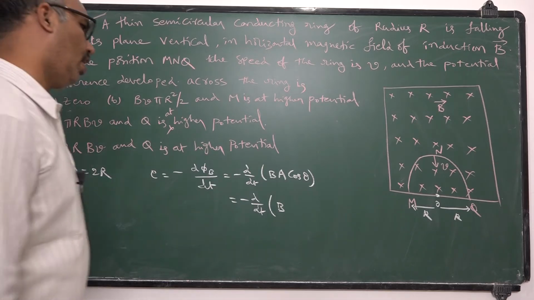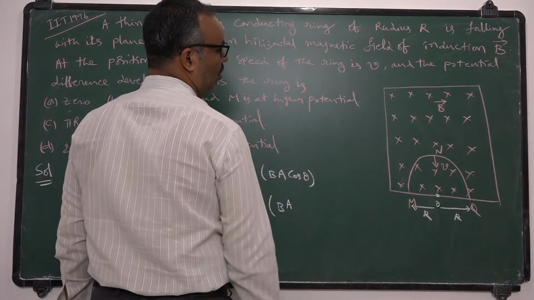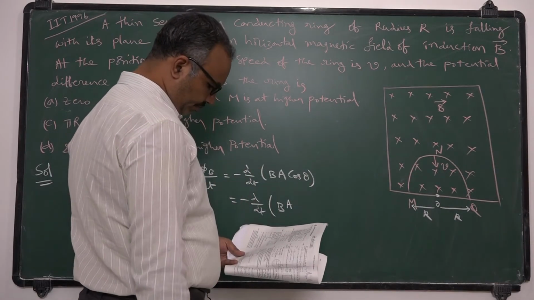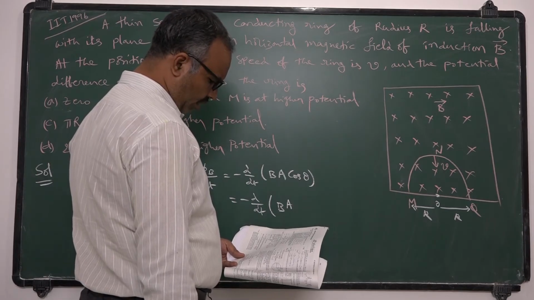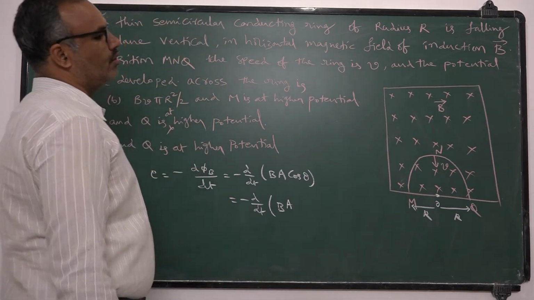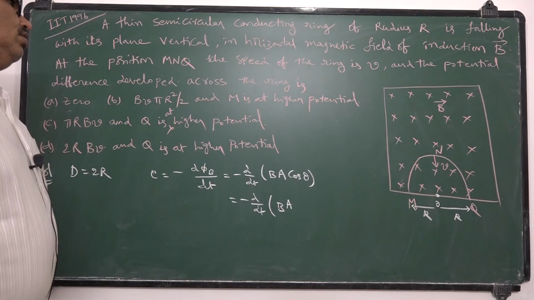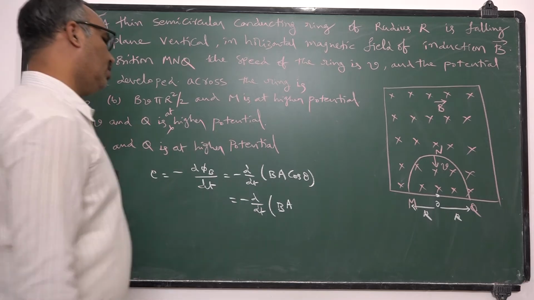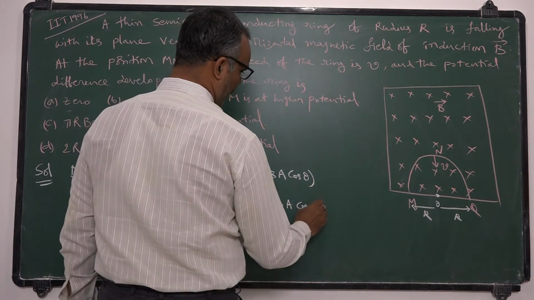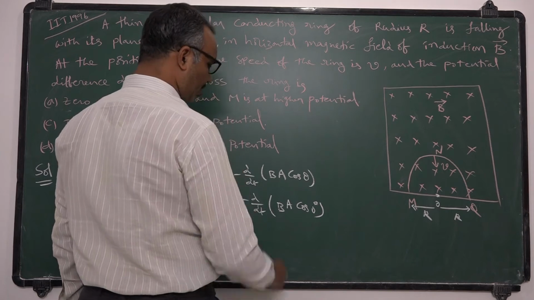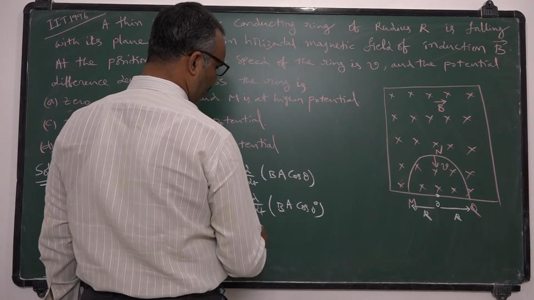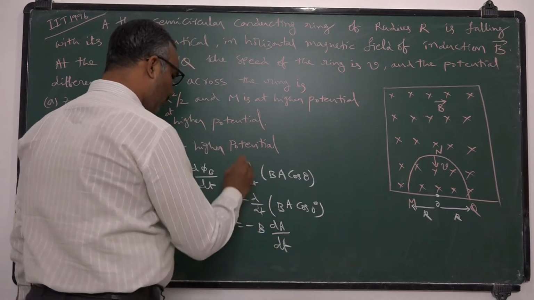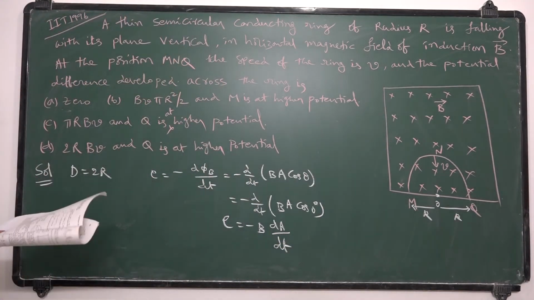Theta value: cos 180 or cos 0, which one is correct? Area vector is parallel to magnetic field vector, so you should take cos 0. Here strength of magnetic field is fixed, so you can keep B out. B into dA by dt will give the strength of magnetic field.